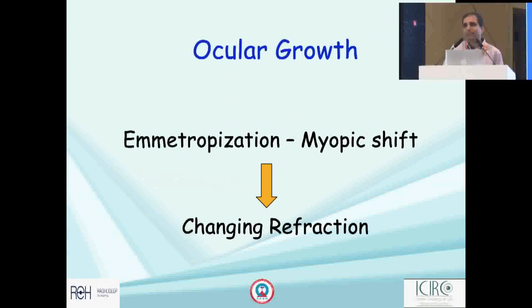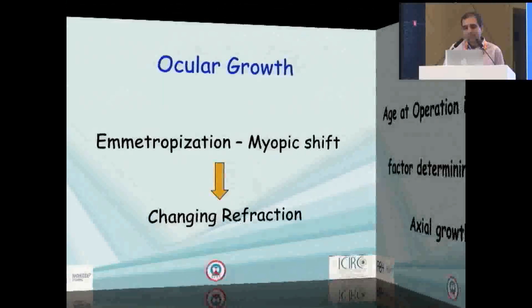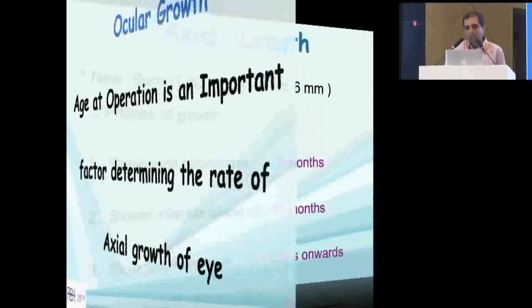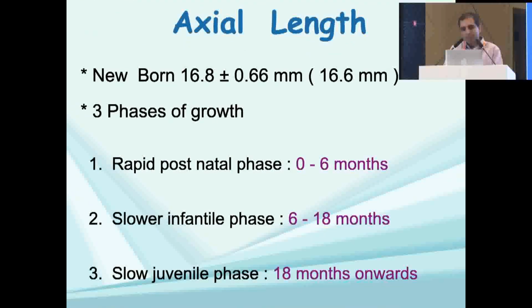And that is one theory that is followed most commonly, because myopic shifts will occur no matter however good the surgery may be. Also, the age of surgery is a very important determining factor for the rate of axial growth, because the maximum growth occurs from birth until 18 months of age.